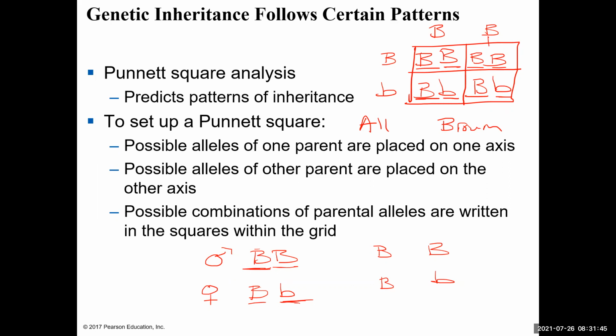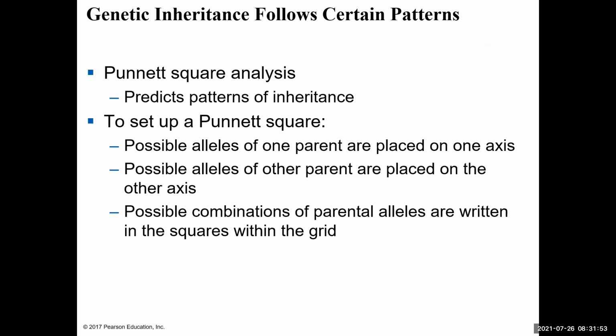And then in order for blonde to show up, you basically would need two heterozygous individuals or an individual that's blonde to mate with a heterozygous individual, right? So let's kind of show that.